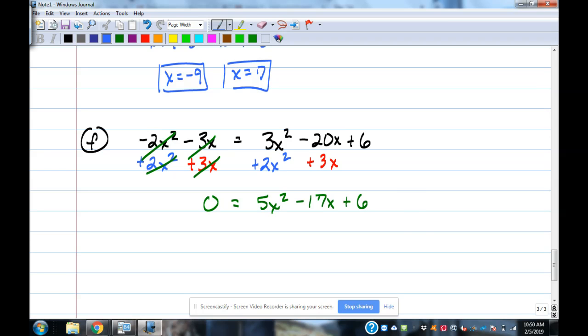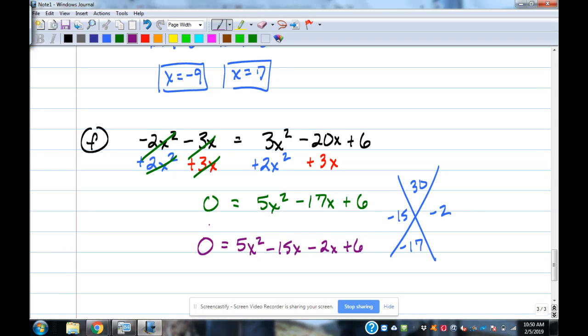The x method. What goes on the top? 30, and then negative 17 on the bottom. Negative 15 and negative 2. And then 5x squared minus 15x minus 2x plus 6. So I'm replacing the middle term with the things for my x.